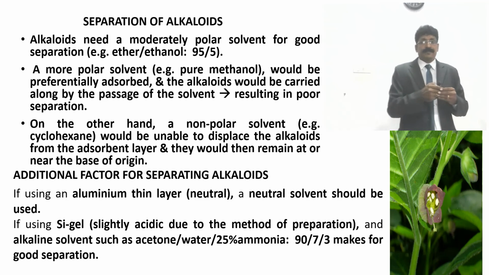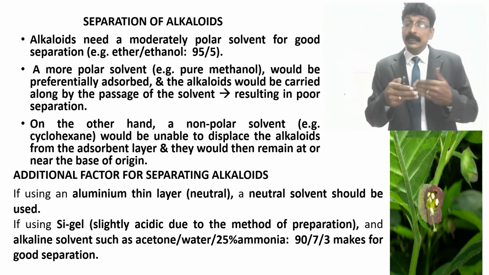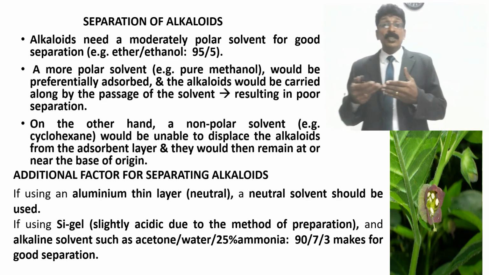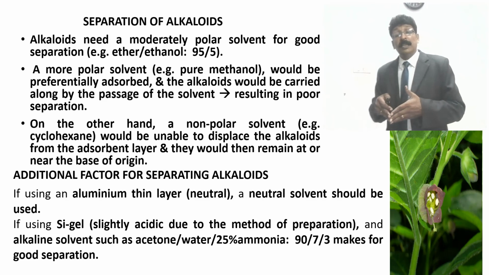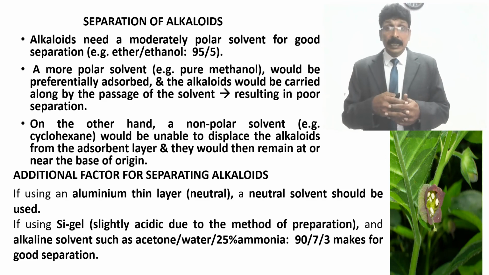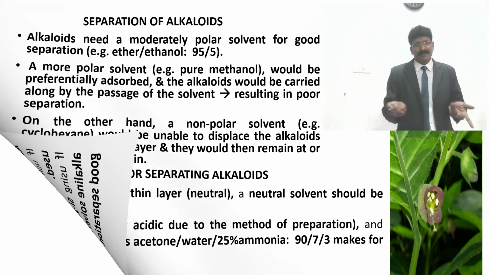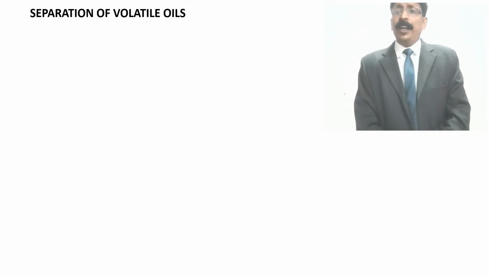If you are using silica, it is slightly acidic due to the method of preparation, and alkaline solvents such as acetone, water, 25% ammonia in the ratio 90:7:3 will be useful for good separation. This is just giving you some examples. The solvent systems can be changed by increasing or decreasing the polarity according to the compound which you are interested to separate.